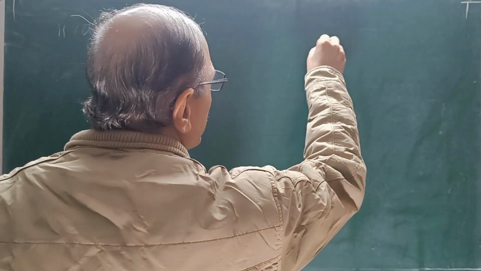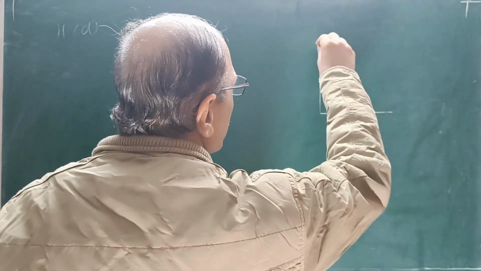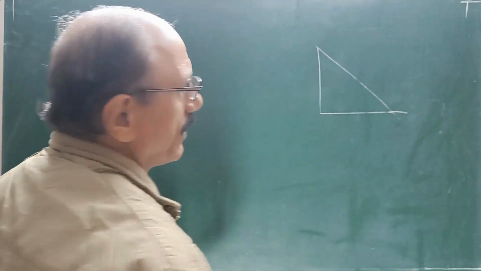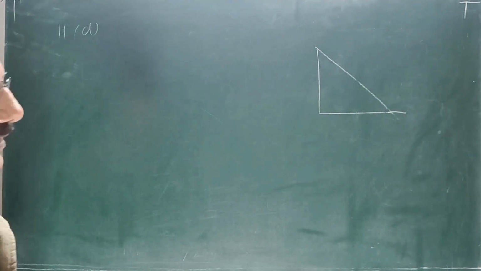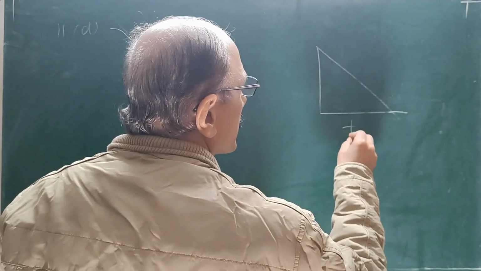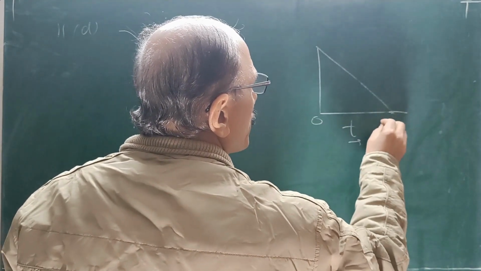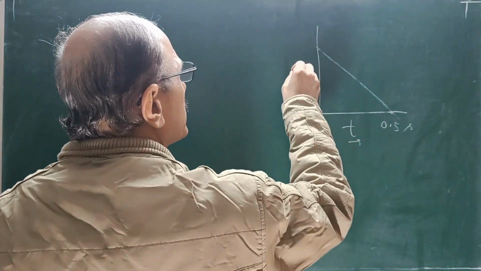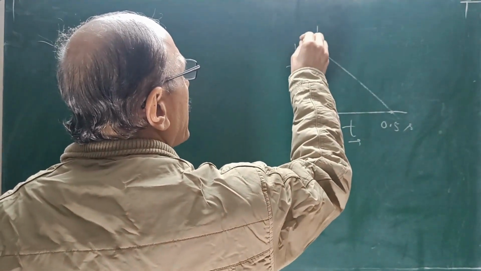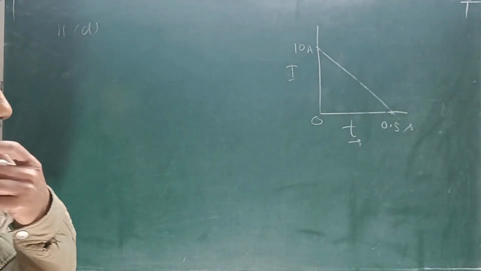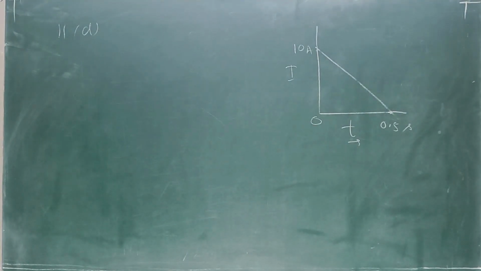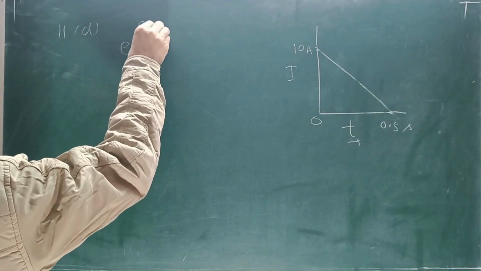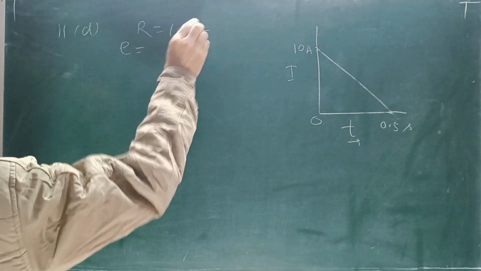So here the variation is shown like this. Here it is the time, it is 0.5 seconds. Here it is current, and this is 10 ampere. So we know E, and R is given to you as 100 ohm.